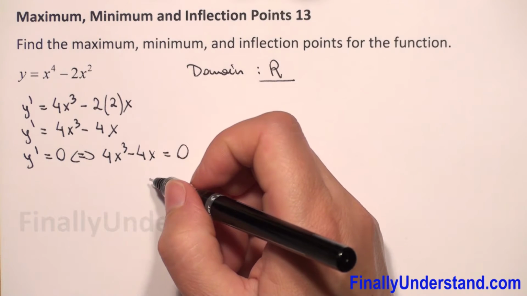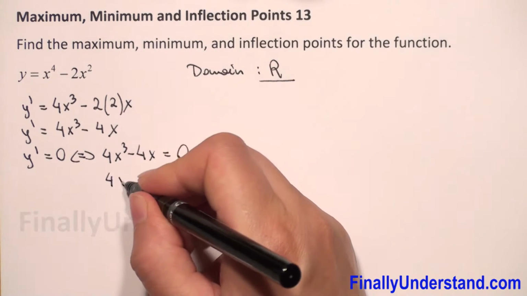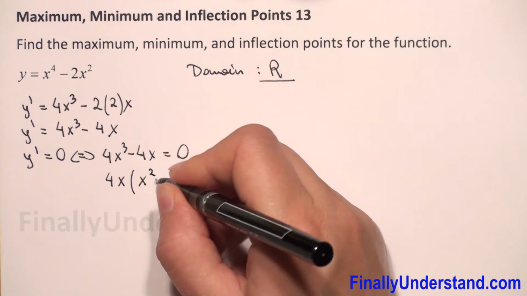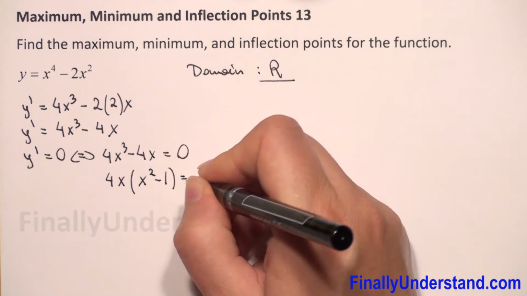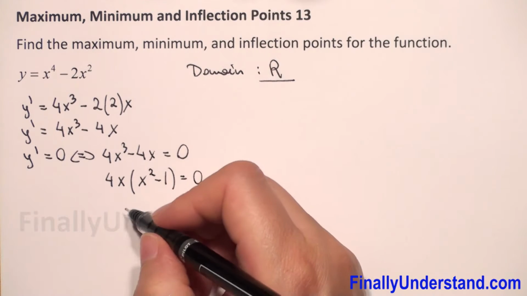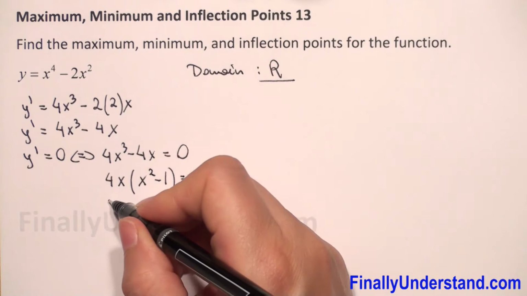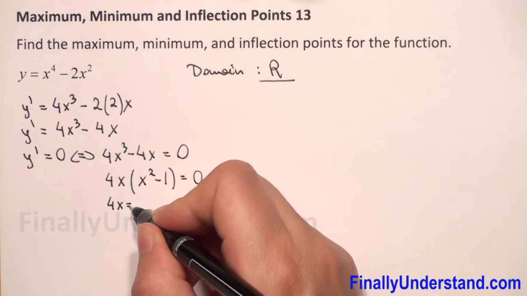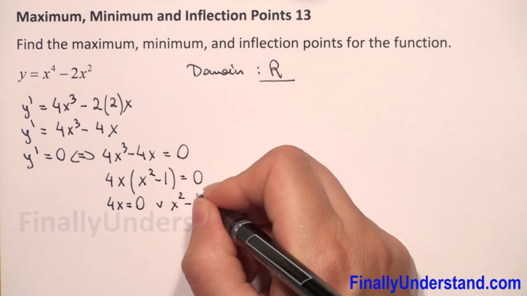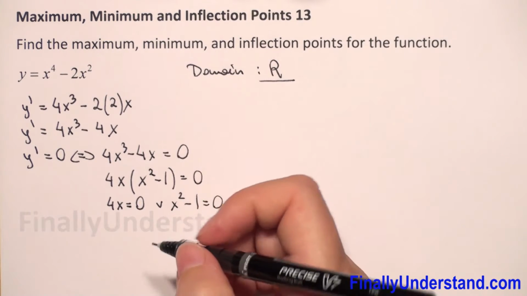I will factorize 4x, so in parentheses we will have x squared minus 1 equals 0. Next, the left side will be 0 when 4x is equal to 0 or x squared minus 1 is equal to 0.